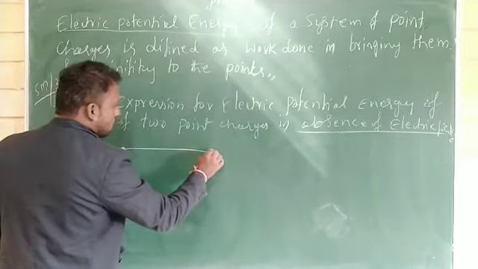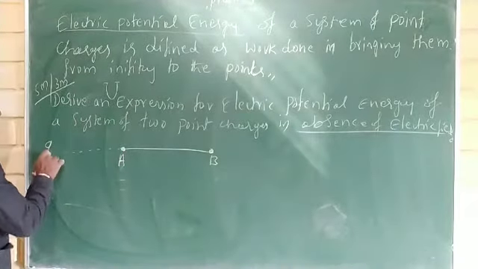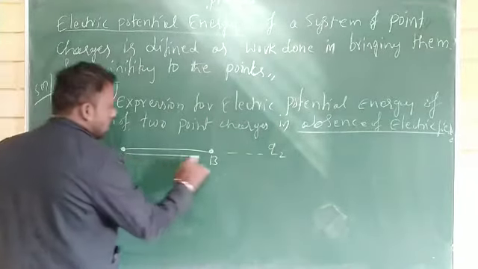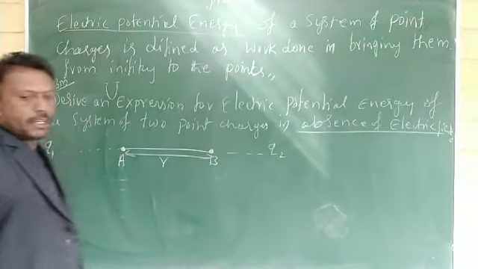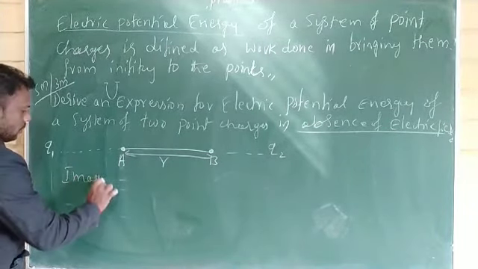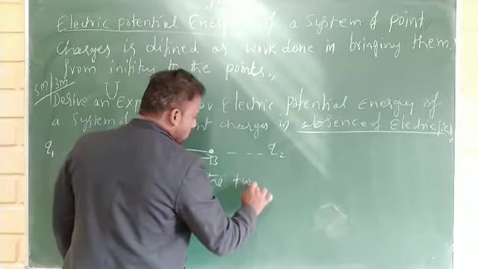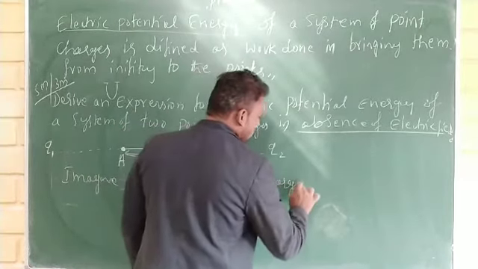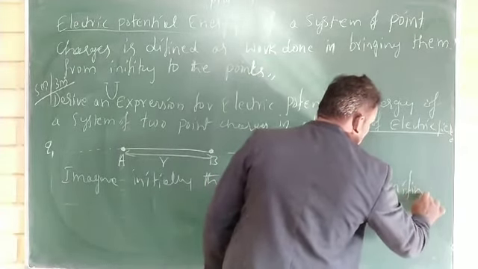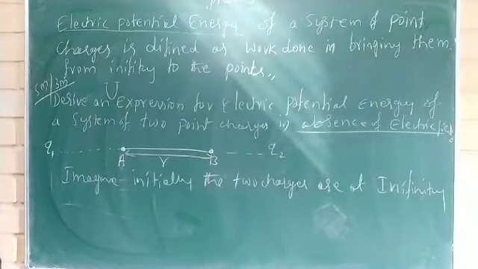Consider 2 points, this is point A and this is point B. Initially, the point charges Q1 and Q2 are at infinity, and this is the separation between point A and B. Imagine the 2 point charges initially at infinity.